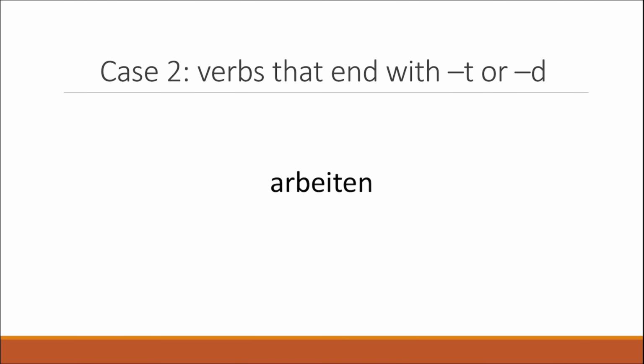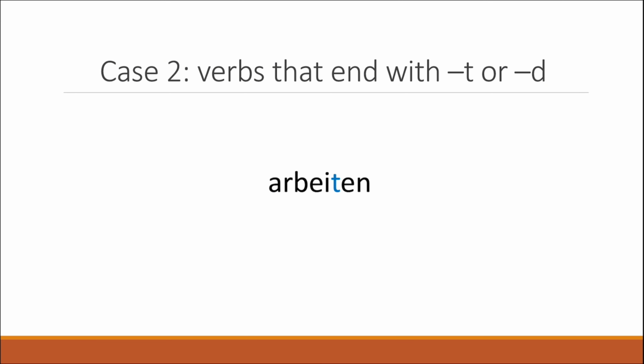We have arbeiten, and you can see that the root of arbeiten is going to end with a t. And if we would conjugate the past participle of arbeiten as we would have done it for a normal verb, then it would be kind of difficult because we would add ge at the beginning, and then we would add a t instead of en. But then if we would try to pronounce it, it would be gearbeitete, and it wouldn't be that comfortable.